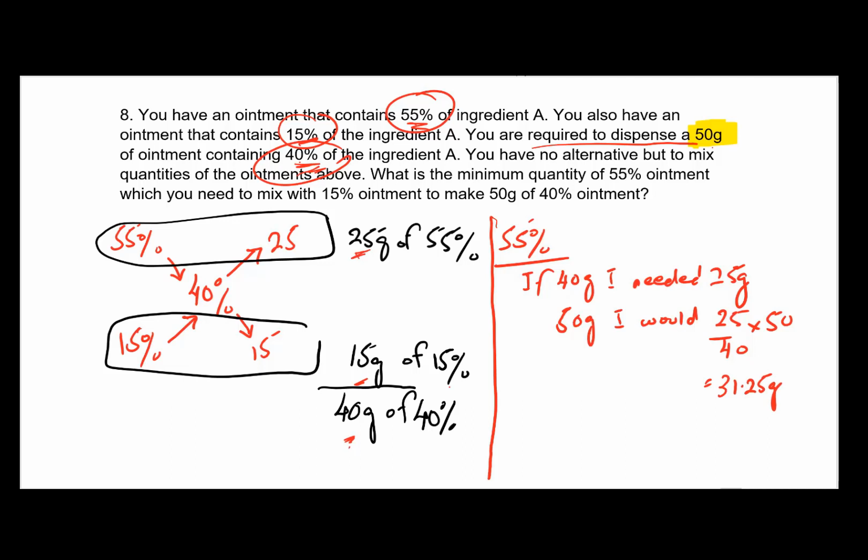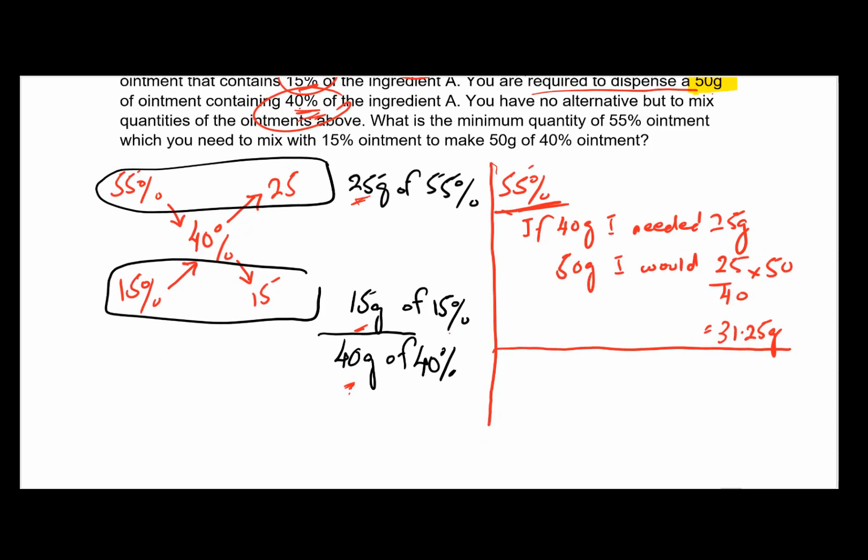So this was for the 55% cream. And the same way I will work it out for the other cream, which was 15%. So if for 40 grams I needed 15 grams, it's coming from here.